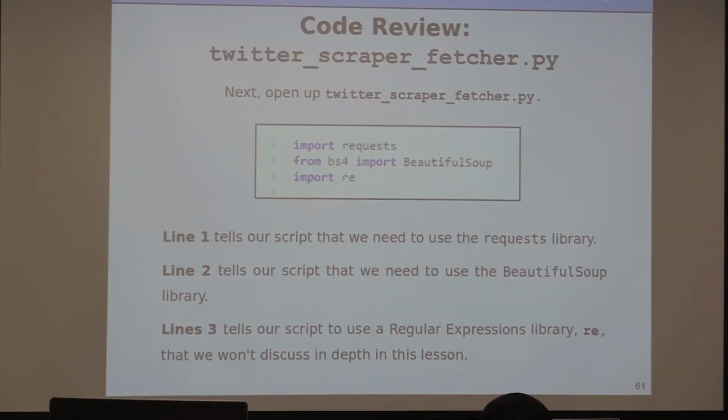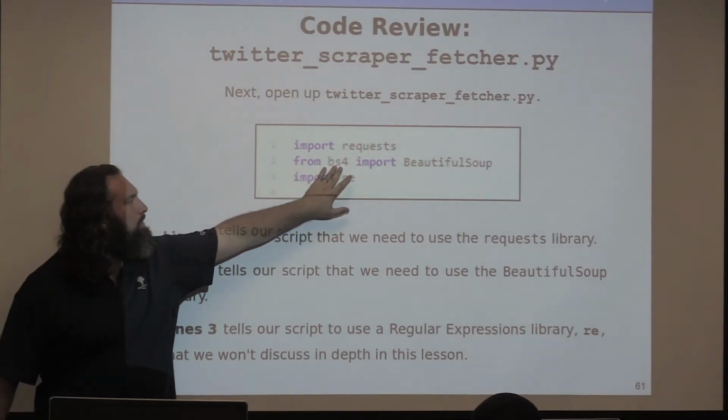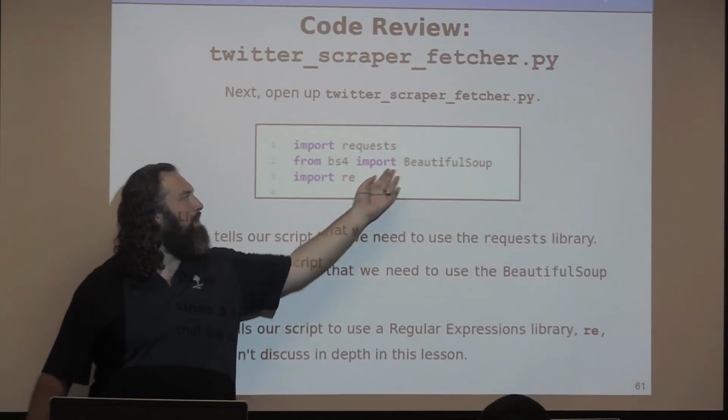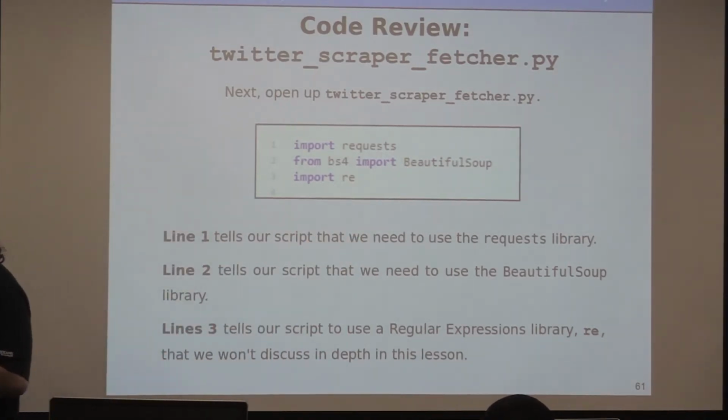That means that function is not defined by you. That's actually defined in requests. Kind of the same thing here. From bs4, so from Beautiful Soup 4, we're going to actually be looking only at Beautiful Soup. You might also see import something as something else, so you can use a shorter name.